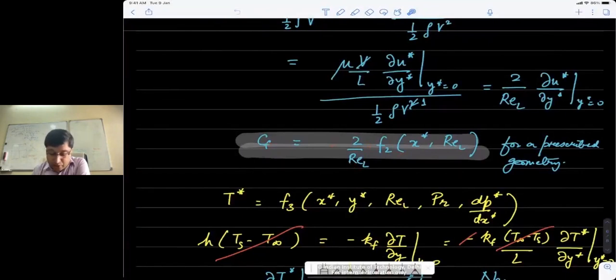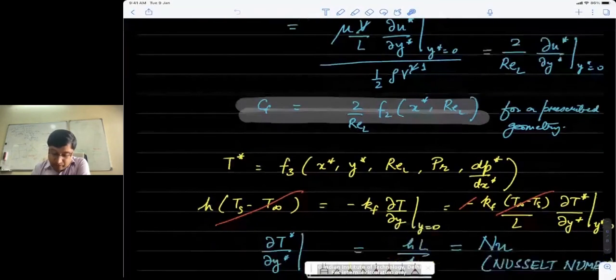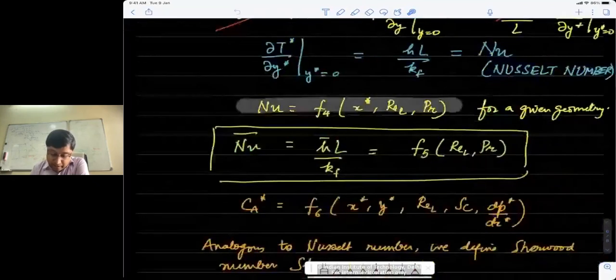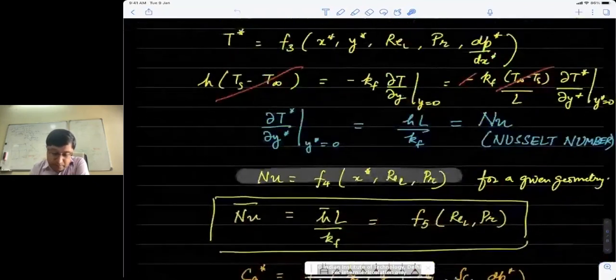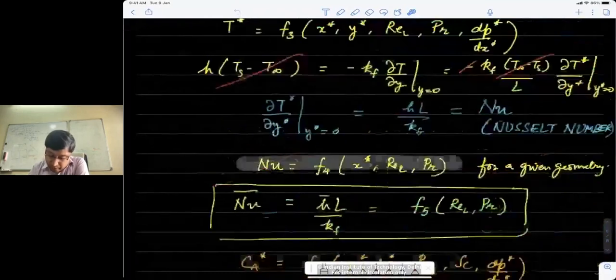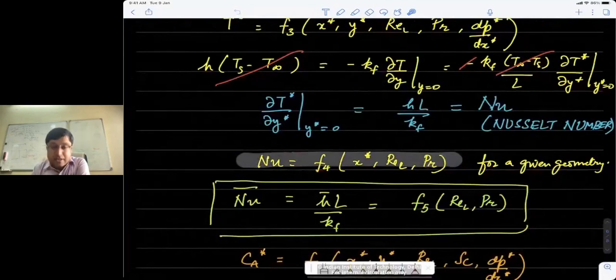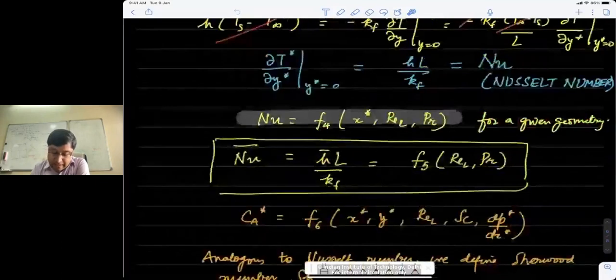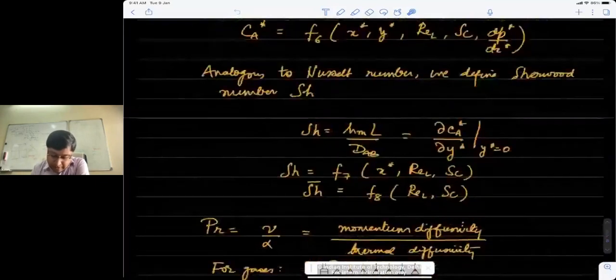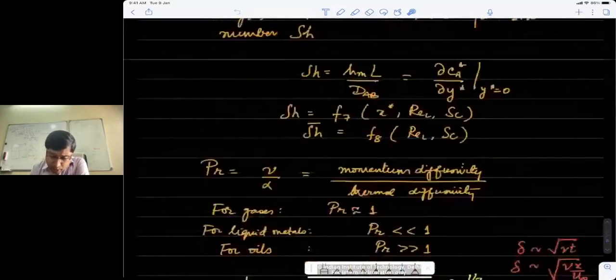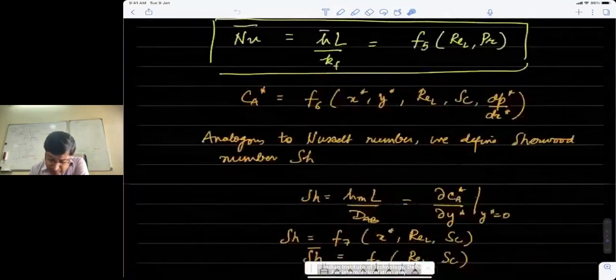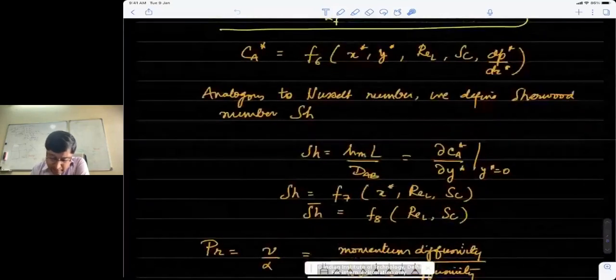And f4, where Prandtl number is 1, is just the same as Nusselt. And similarly f7 is the same as Sherwood number.